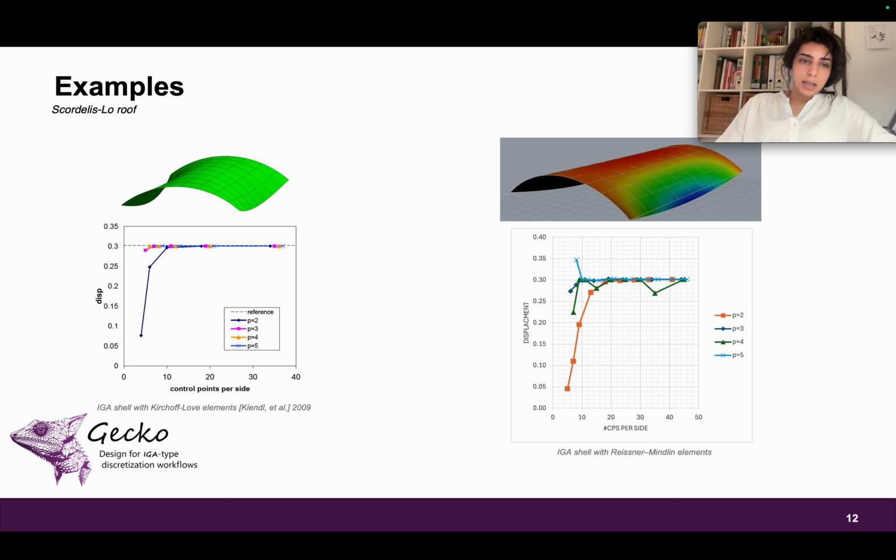On the left we have the same Cordelia's roof, same geometries, and the playground is refinement: p-refinement, increasing the polynomial degree, and also inserting more knots.